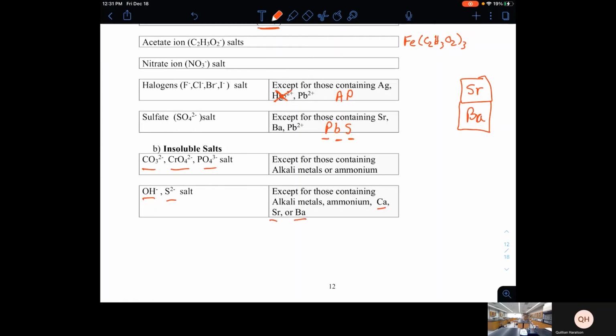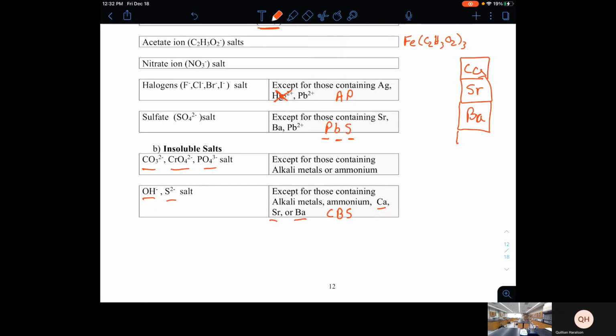And this one I tell students to remember as CBS. Luckily, you'll find that calcium on the periodic table is right above strontium, which is right above barium. So if you remember CBS, it's just those 3 right there on the periodic table. You'll find them in the alkaline earth metals. If you look on the periodic table now, you'll see them right there. So CBS.